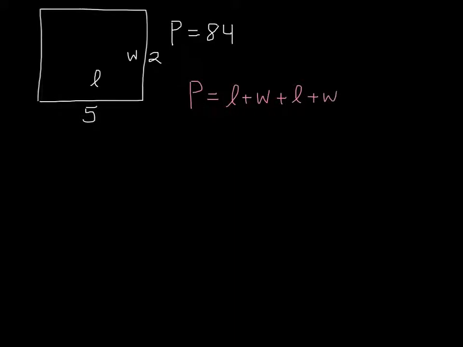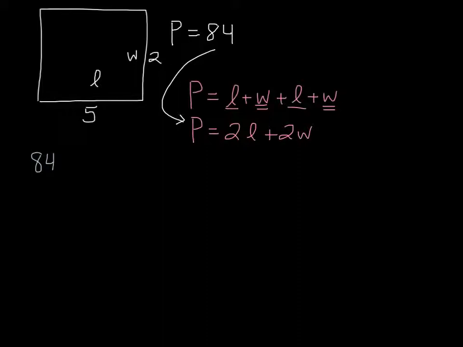Combining like terms, the perimeter is equal to 2 times the length plus 2 times the width, and that is equal to 84. So I'll put my 84 in for P. Now 84 is equal to 2 times the length plus 2 times the width.